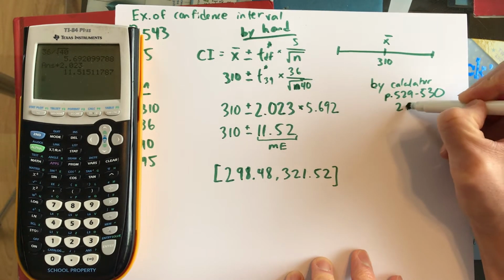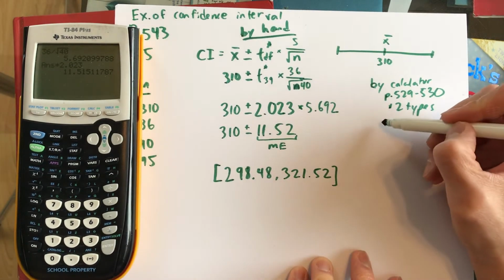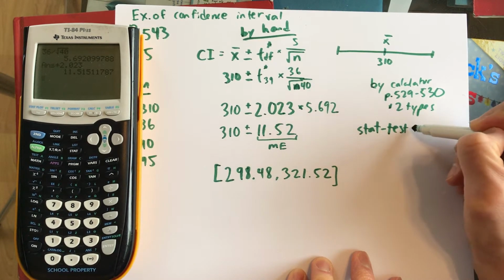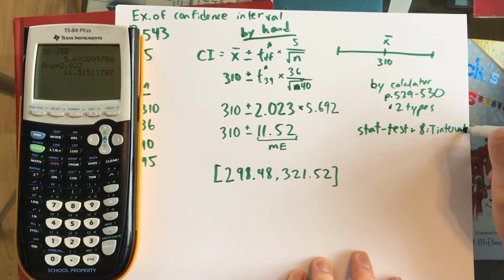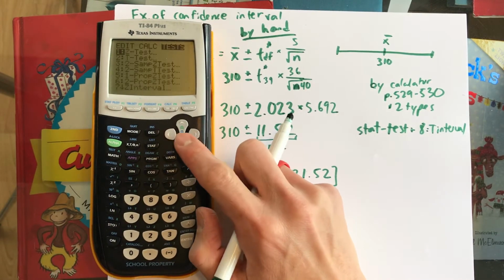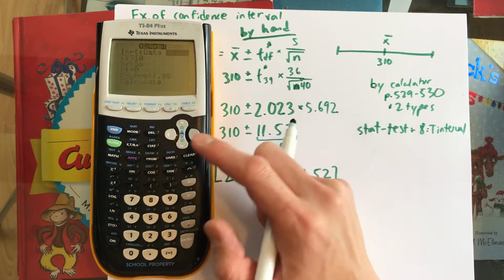There are actually two types that you could use this for, and I'll show you. Okay, so this is going to be stat, test, and it's option 8. I think it says T interval. So let's go there. Stat, test, T interval. So it's option 8.